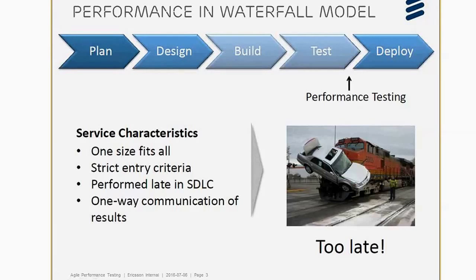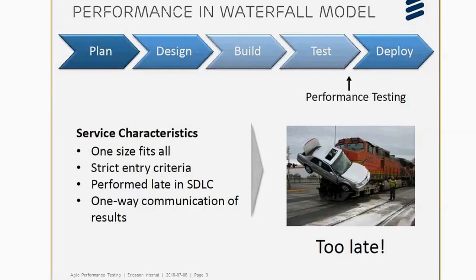And the problem with this particular approach is, as you can see, it's very late in the SDLC. Whatever has been planned, designed or built is tested at a very late phase in the software delivery cycle.